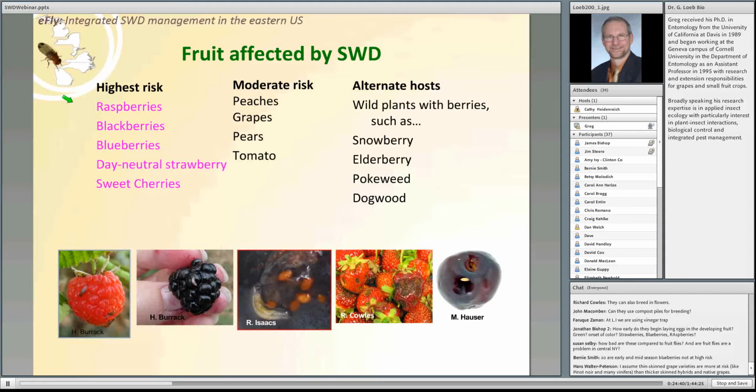Now, this is out of a researcher's field, was not being picked very clean, so there was a lot of ripe and overripe fruit in that field, and it wasn't at very high numbers.